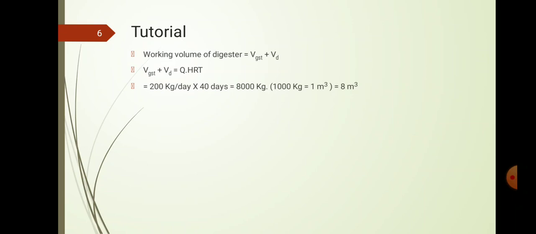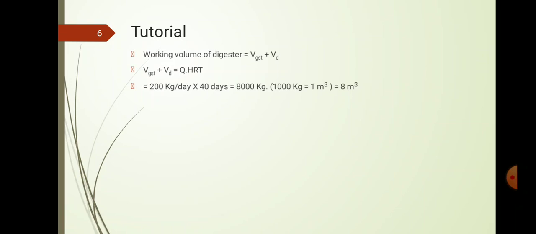So the 8000 kilogram is what we have to handle, that is the total kilogram of discharge in these 40 days. And we know most of the content is water, so we can assume the density as 1000.